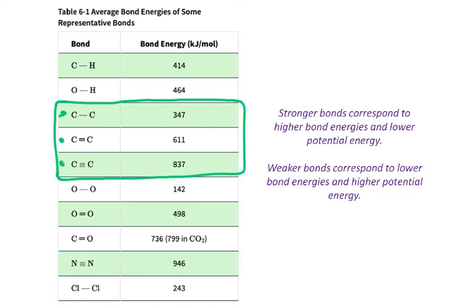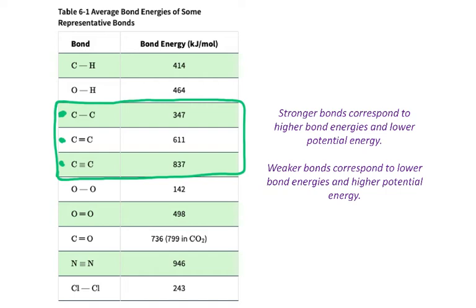So the same atoms involved, but changing bond strength. Notice that the bond energies increase, right? A stronger bond, like single up to double, up to triple, corresponds to higher bond energies. That means that it releases more energy when that bond is formed. So it's more stable, it's lower in potential energy.